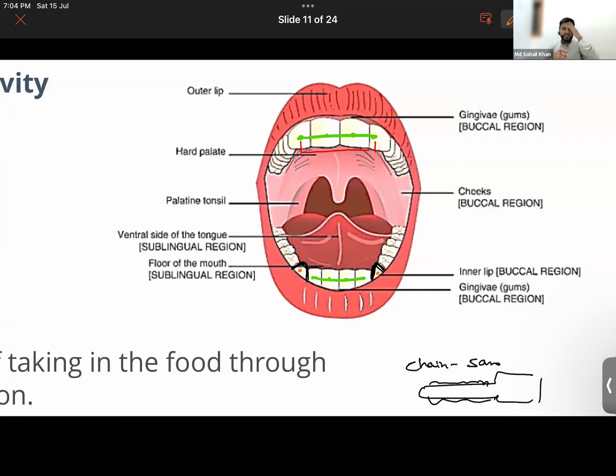So if someone is eating flesh, for example, take the example of lions, they have got bigger canines as compared to humans. Why? Because the function of canines is to tear down the food and pierce the meat of different animals, right? So certain foods need to be torn down.